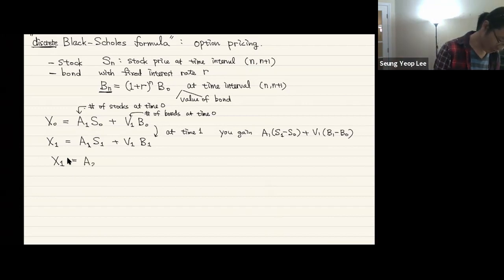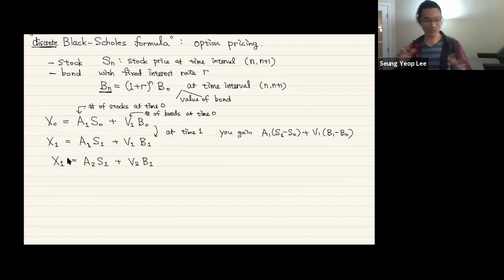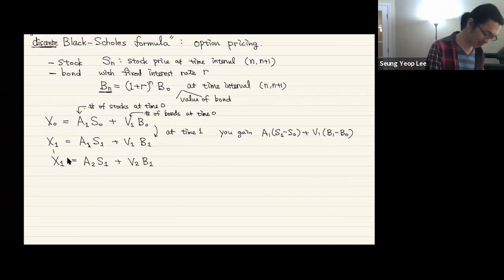So you redistribute your money. Instead of holding A1 of stock, with the same total amount you buy A2 of the stock and B2 of the bonds, but the total has to be the same.